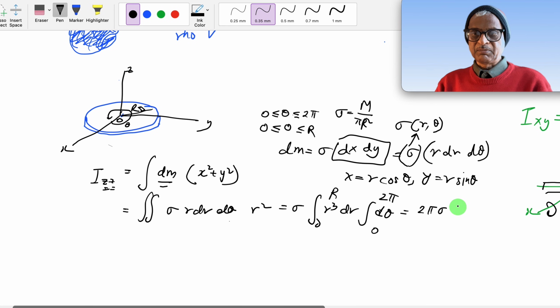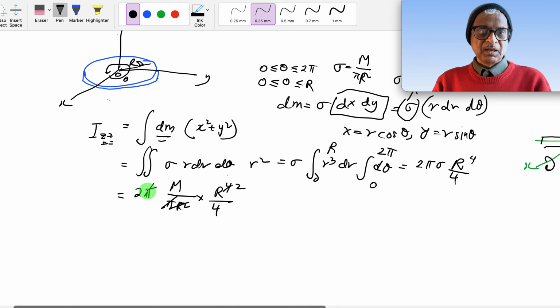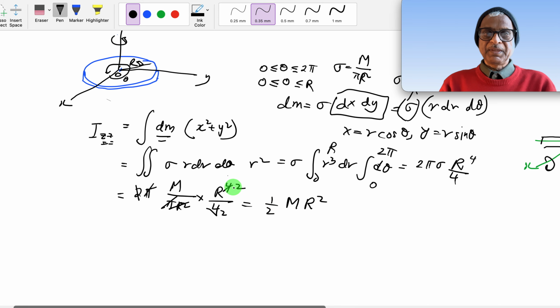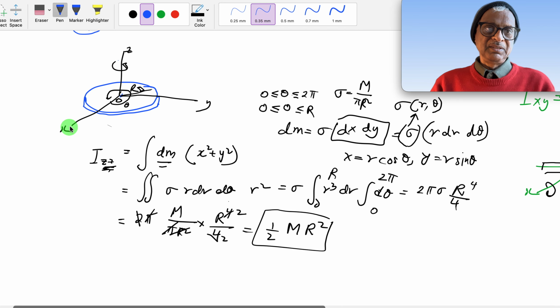So 2 pi sigma r to the power 4 over 4. I hope I'm not making any mistakes in algebra here. So putting back sigma as m over pi r square, times r to the 4 over 4. So pi cancelled out, and r square took away this, to make it this. So you probably memorized this formula for rotation about the z-axis, and so this is the answer. Often people don't know how to do this calculation.